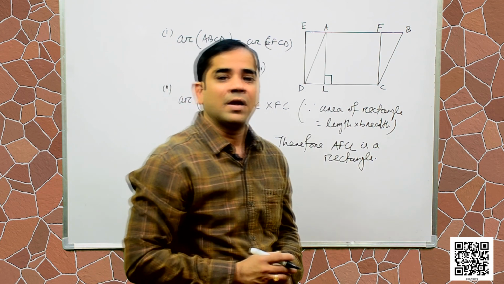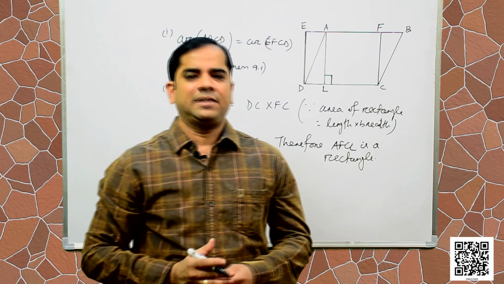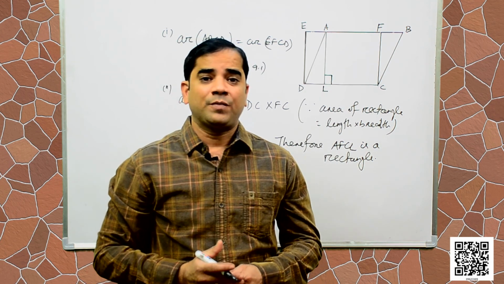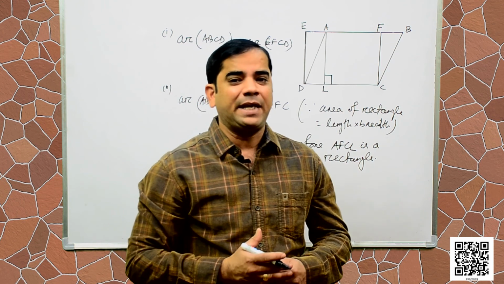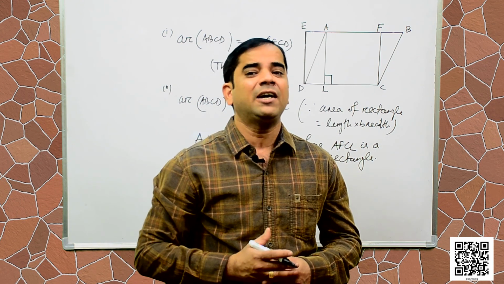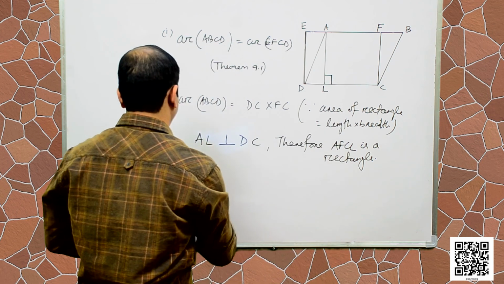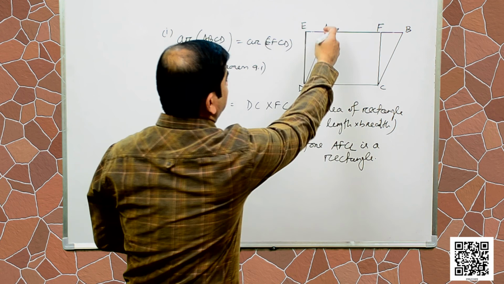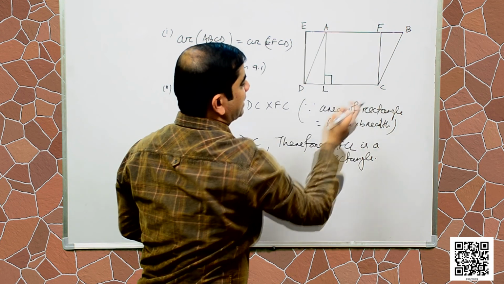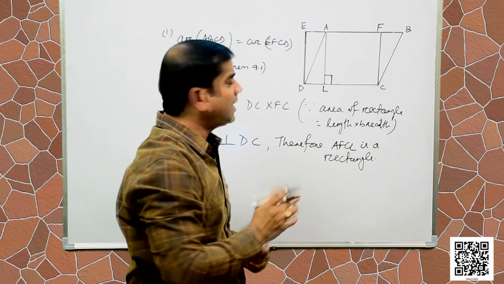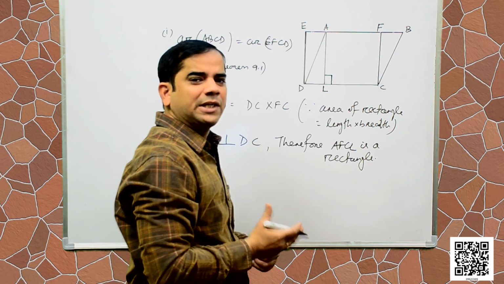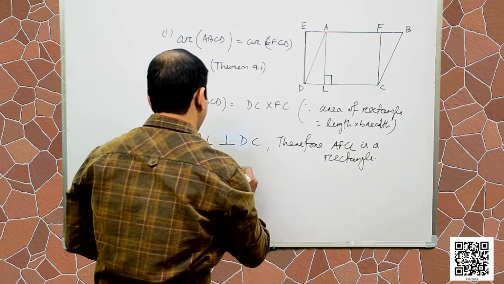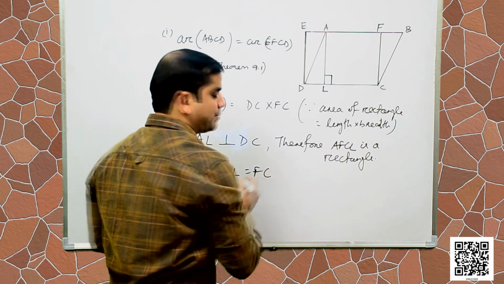So AL is equal to FC because AFCL is a rectangle. We know opposite sides of a rectangle are equal to each other. So I can write AL is equal to FC.